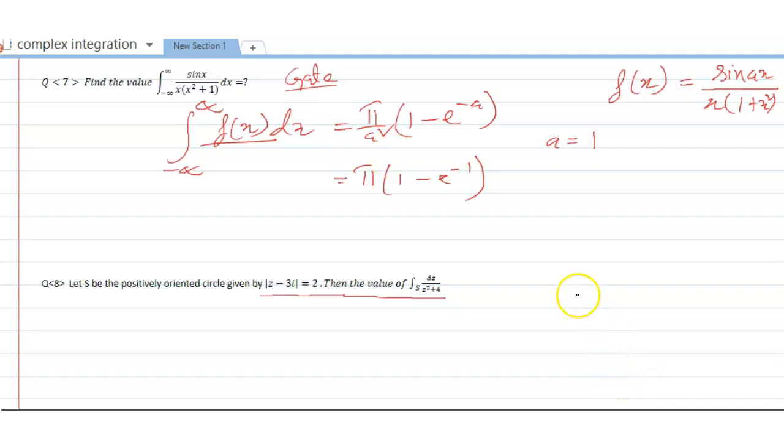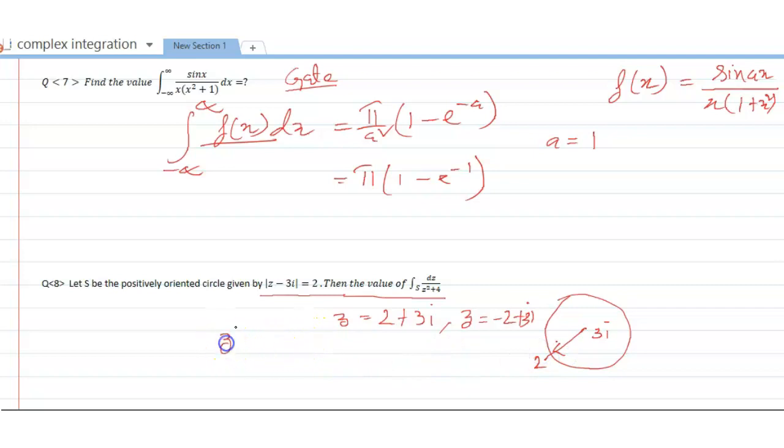If I draw a circle, my center is at z equals minus 3i, and the radius of my circle is 2.